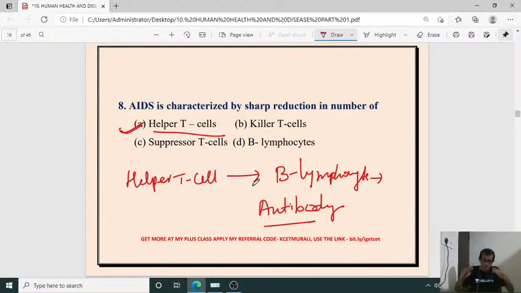So there is a total decline in the defense system or immune system. So it is called acquired immunodeficiency syndrome, a deficiency of that particular immune power.